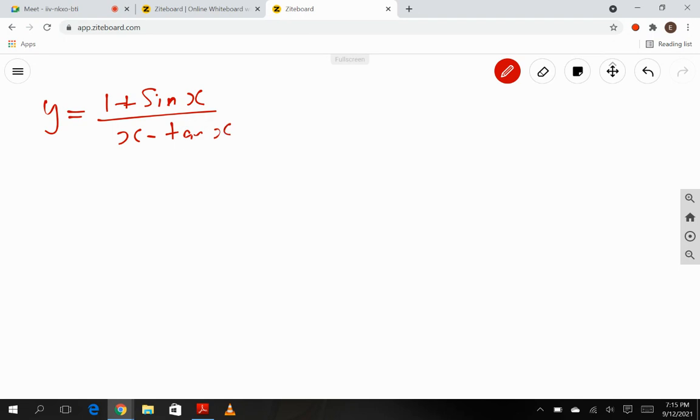So that's x minus tan x. So that becomes our u, that becomes our v. So our u is 1 plus sin x, then our v is x minus tan x.